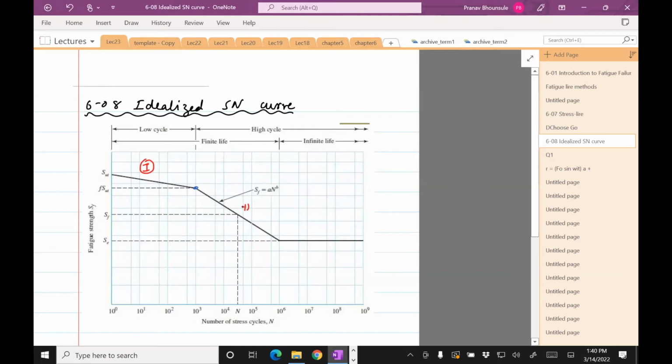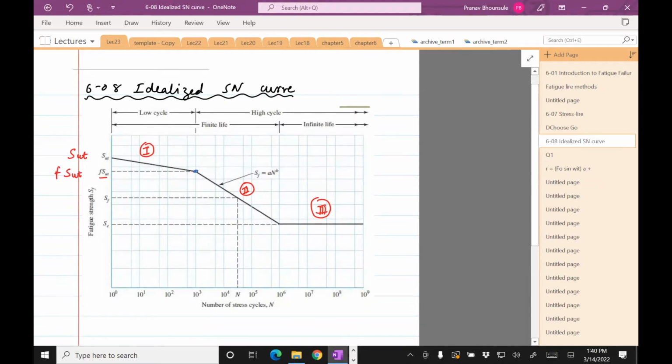This is region 2. And this is region 3. I don't know if you can see this, but this is SUT. This is called F times SUT, and I'll tell you what F is in a bit. This is SF, and this is SE.